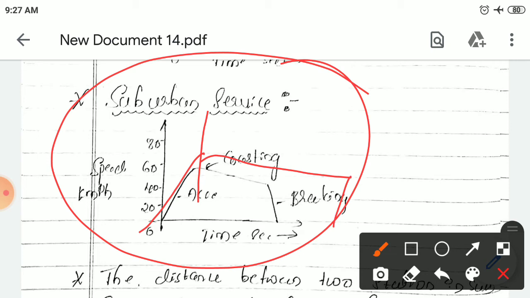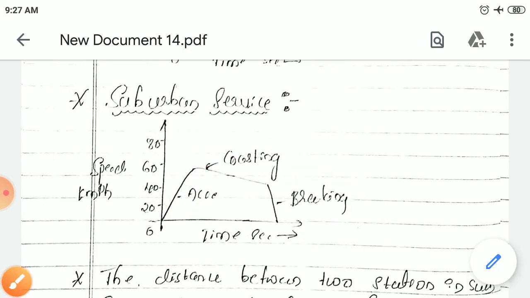In the previous case the coasting period is less, so the train is accelerated, power to the motor is turned off, and the brakes are applied immediately. But in this case the brakes are not applied immediately; after some time the brakes are applied. Why? Because the distance between the two stops is higher, so this is done to stop it at the particular stop.